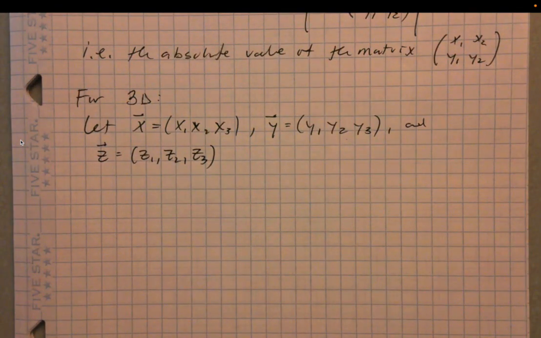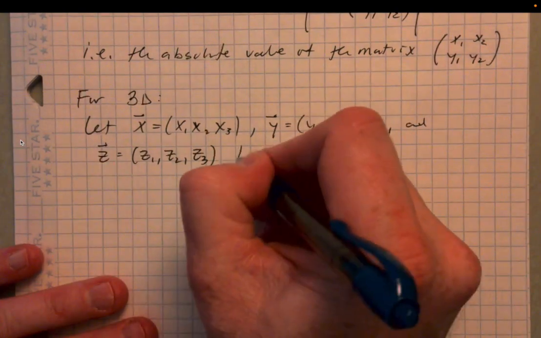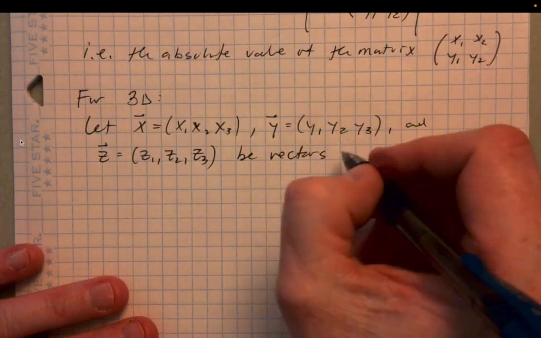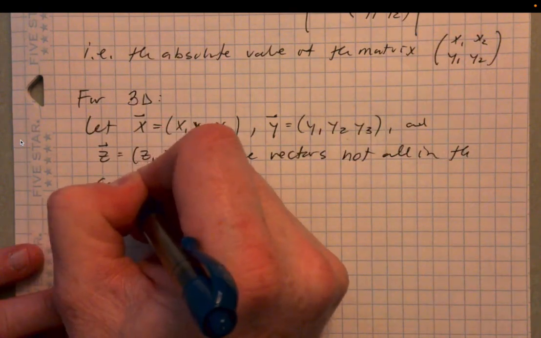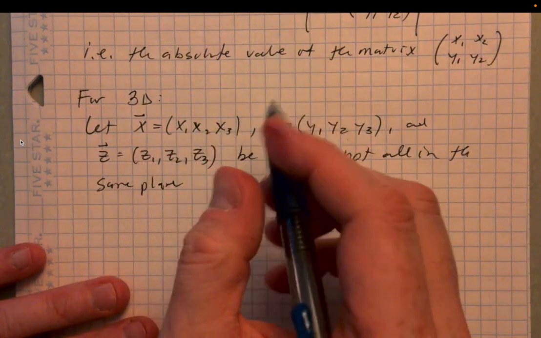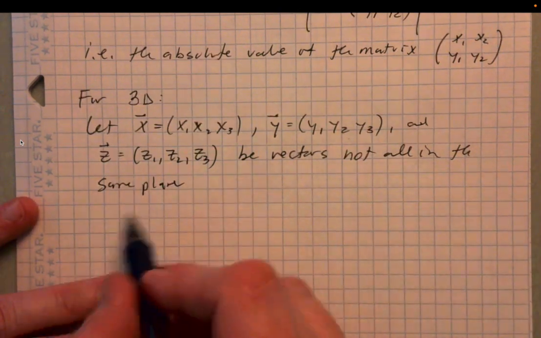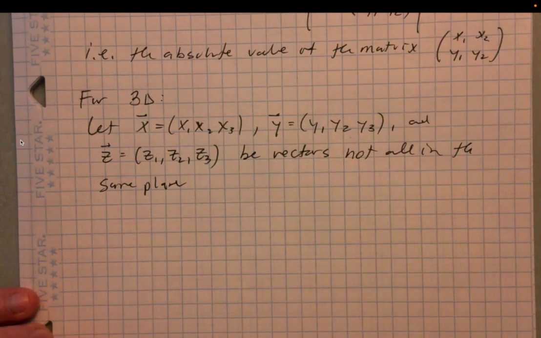Those are the three vectors required for three-dimensional space. Let these be vectors not all in the same plane. I was going to say non-parallel, but not all in the same plane means they're non-parallel as well.